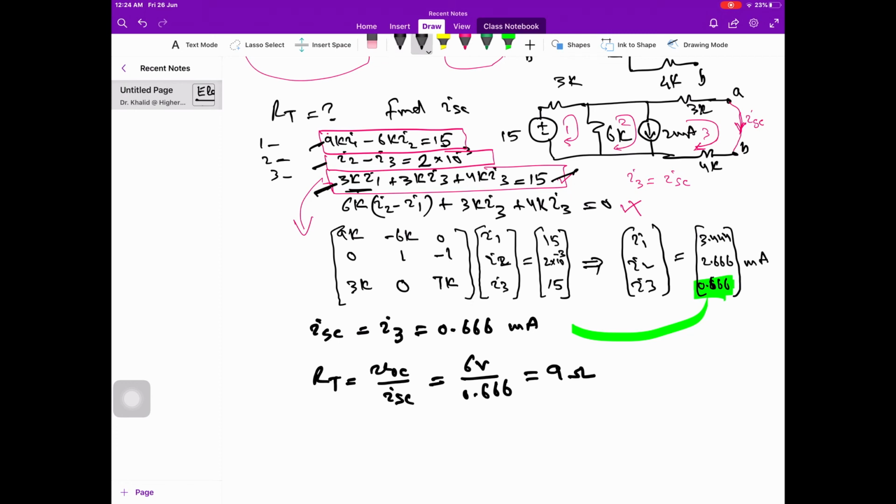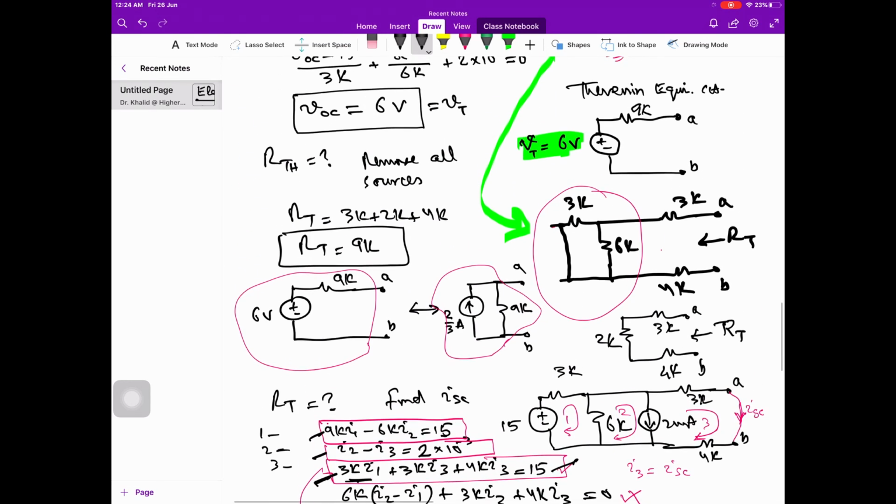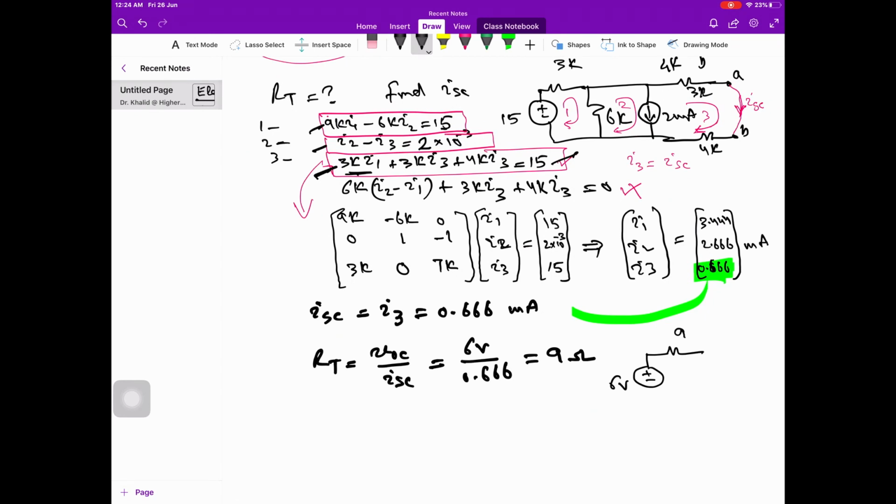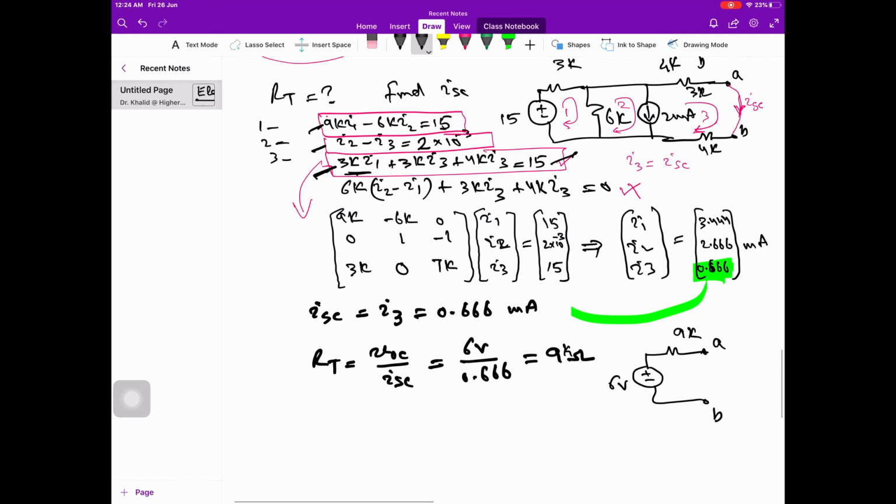And this way we have found that our Thevenin equivalent circuit is 9K, I think. It is 9 kilo ohm over here. So this is A and B.